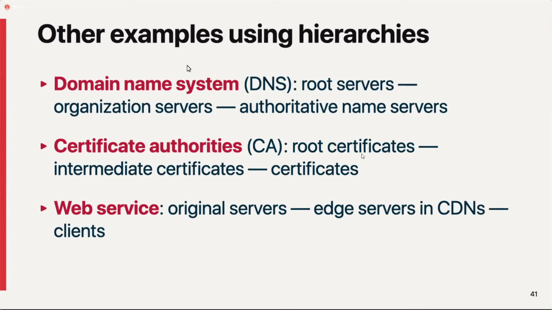And finally, related to web services, we again have 3 hierarchies: regional servers, edge servers in content distribution networks, and finally, the clients. All of these systems are wildly successful. They use 3 hierarchies in their designs to be scalable in real-world designs, so we don't have performance bottlenecks.